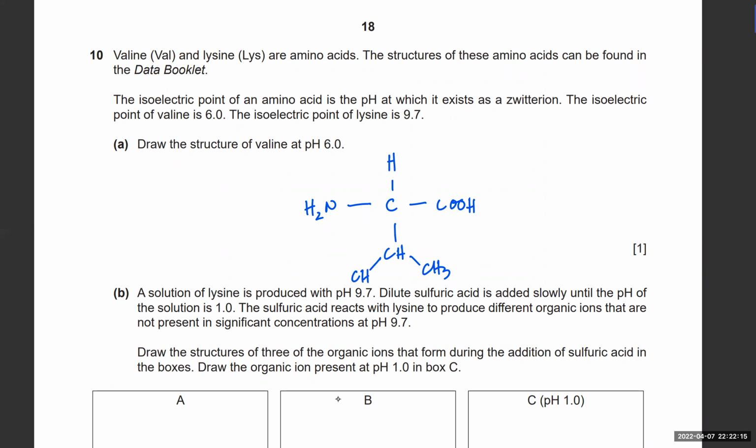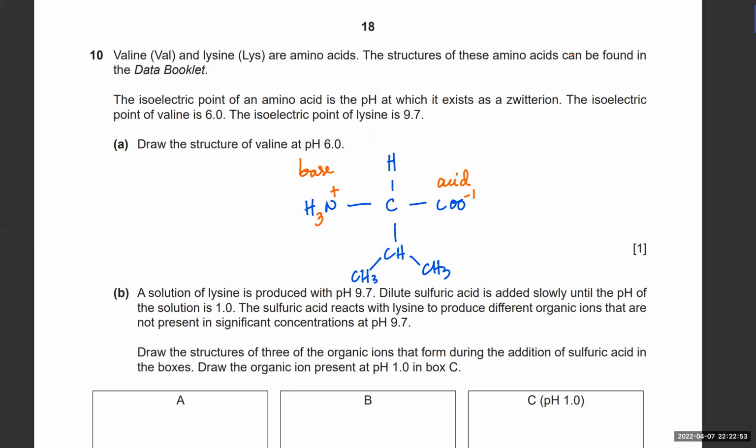Now, the first thing I'm going to explain is what is the isoelectric point. Remember, one part of an amino acid is acidic. The other part has lone pairs, and that is basic. That's a base. What will eventually happen is, what is a zwitterion? A zwitterion is that the carboxylic acid loses the H plus when it turns into a -1 ion, and the base over here, the lone pairs, they end up accepting H plus ions.